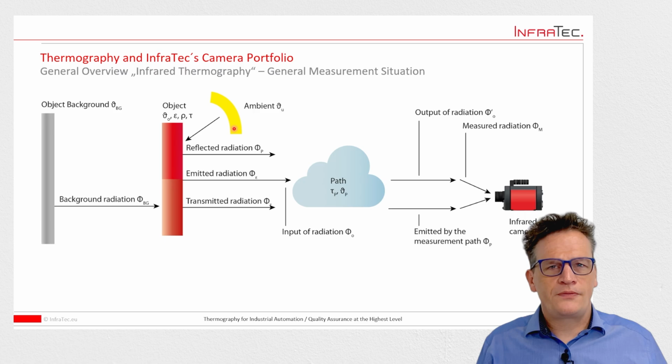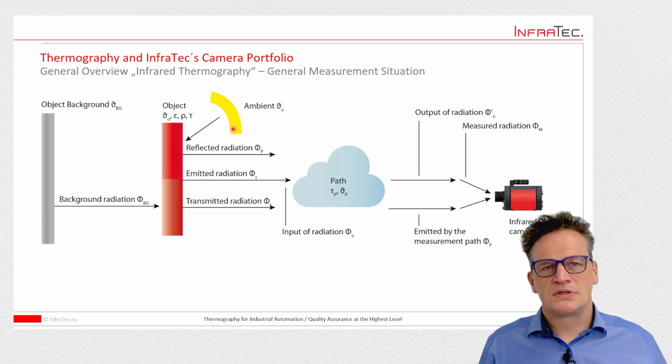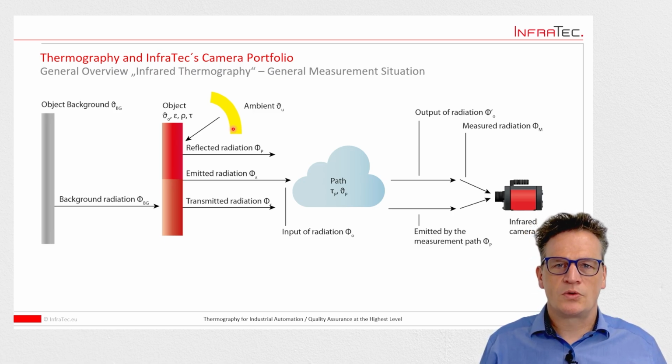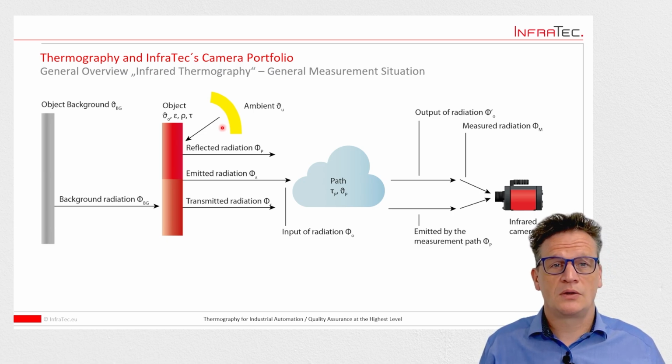Thermography often sounds technical at first, but in practice, it is surprisingly simple. Instead of installing complex sensors, thermography often only requires one look through the camera. The heat distribution on a surface becomes immediately visible, without contact, quickly and reliably.